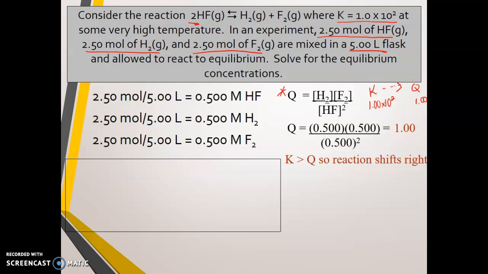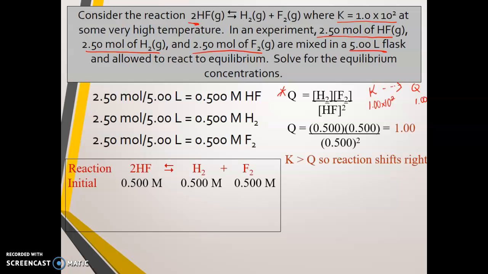Now we can set up our RICE table because we know which direction the reaction is going to shift. Here I just put in the reaction from the problem above and then the initial concentrations that we calculated from what we were given in the problem.